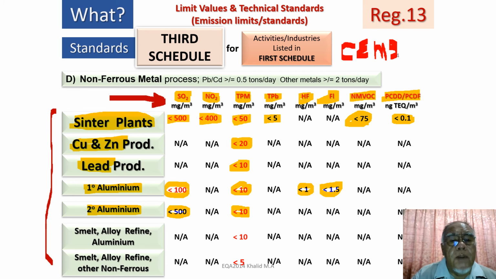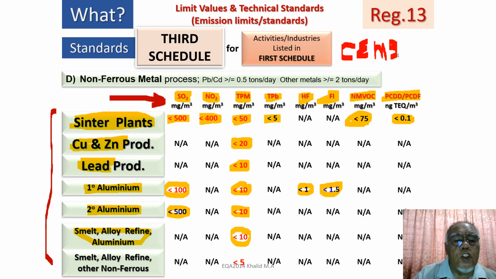Okay, what about smelting, alloy refining of aluminum? There you are. Only total particulate matter, and that requires CMS.